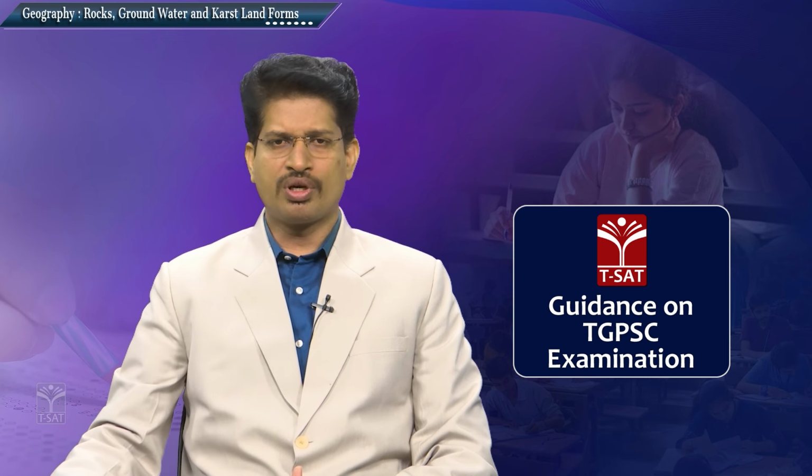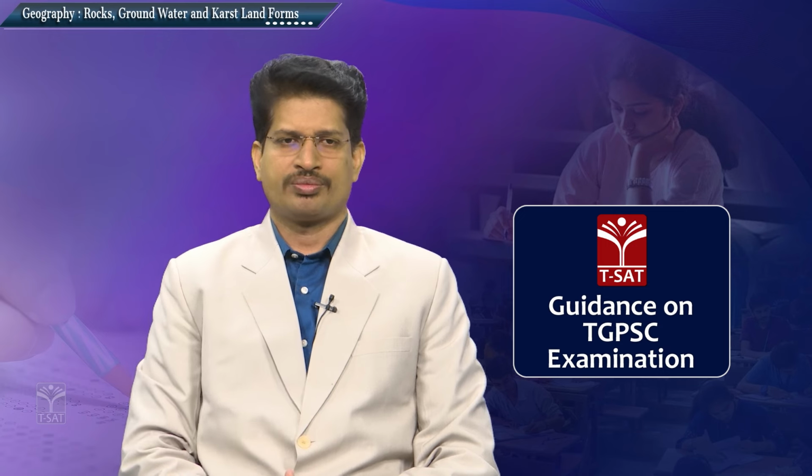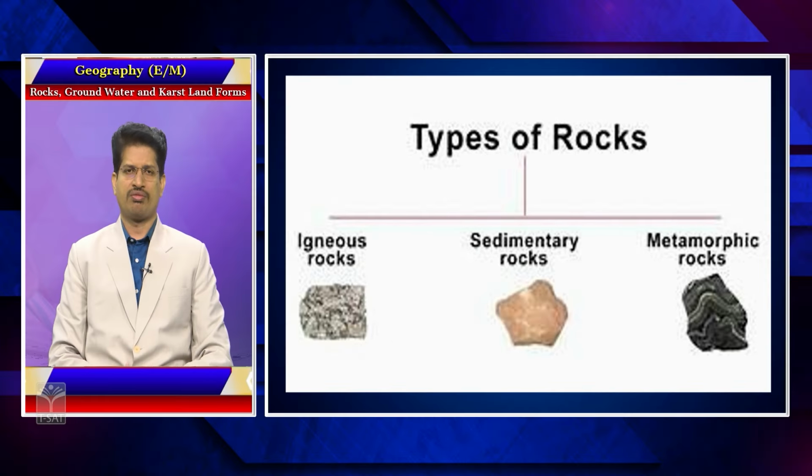So, based upon the formation, rocks are classified into three types: igneous rock bodies, sedimentary rock bodies, and metamorphic rock bodies.